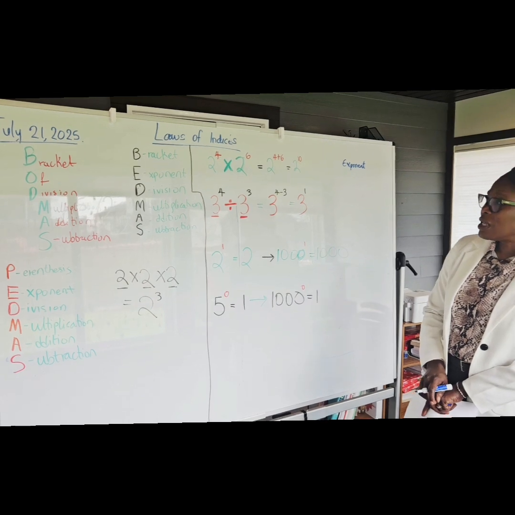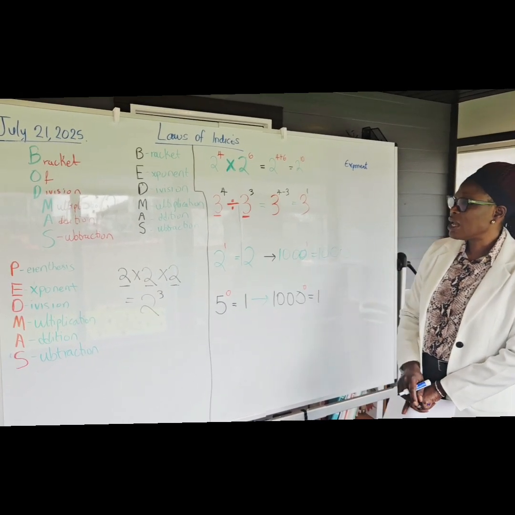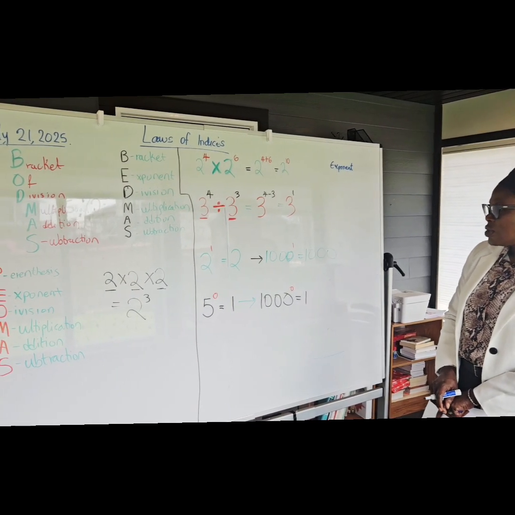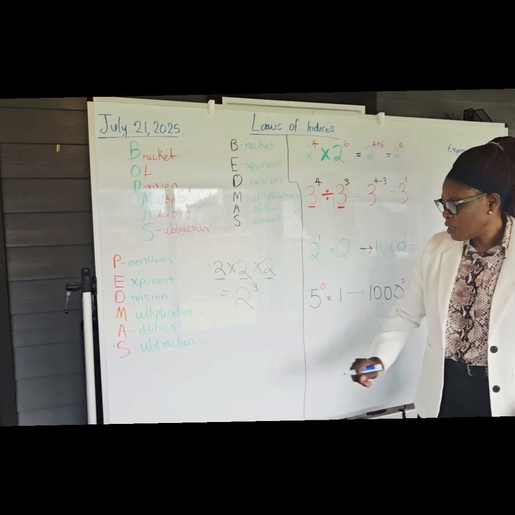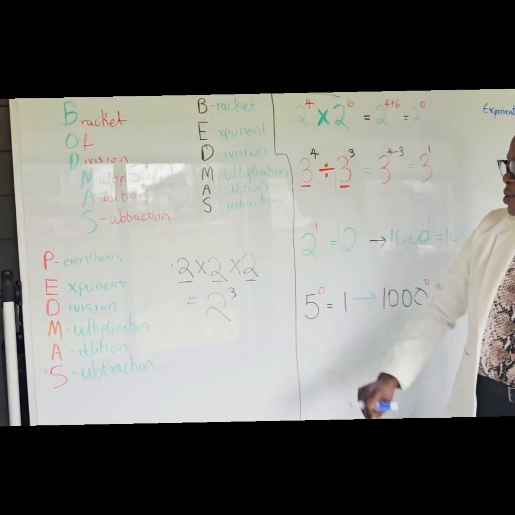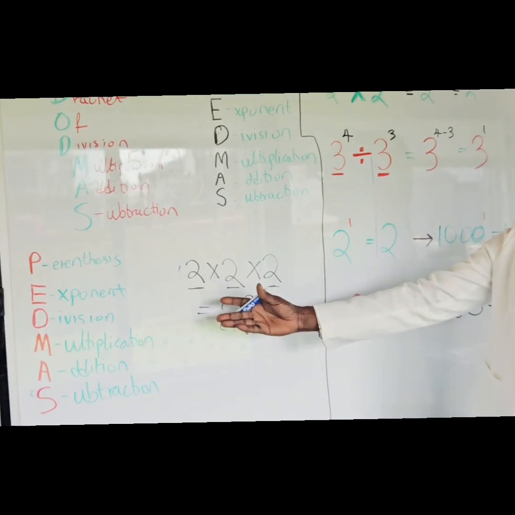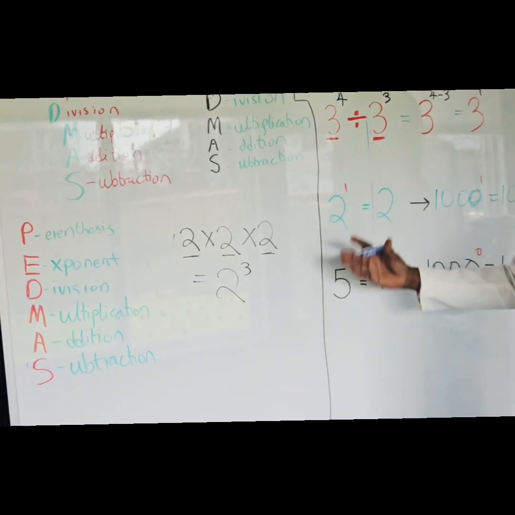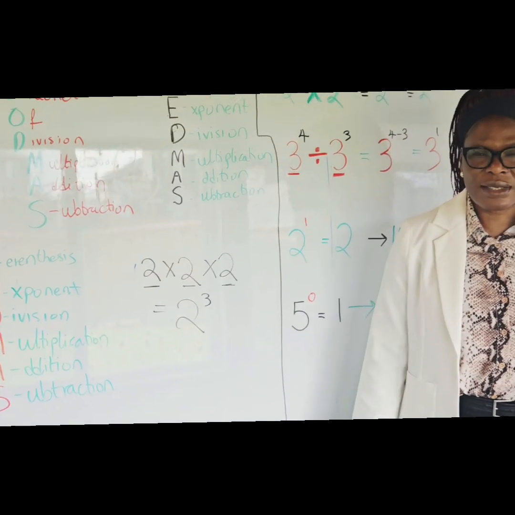So today we'll be looking at some laws that guide us whenever we work with exponents or indices. Let's look at this: 2 times 2 times 2 times 2. If I need to write this 10 times, I keep on writing up to 10. But don't you think there's a shorter way of writing this?